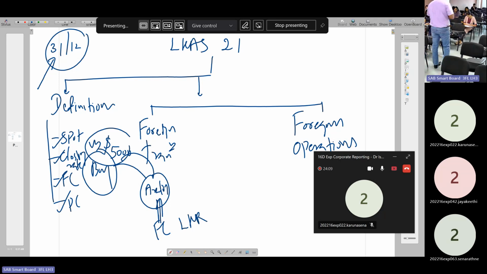Now, we are presenting in LKR, functional also LKR, presenting also LKR. But that would not apply in all cases. Let's say there is a shareholder in another country who requested financial statements in their currency. Then we can convert them into that particular currency.